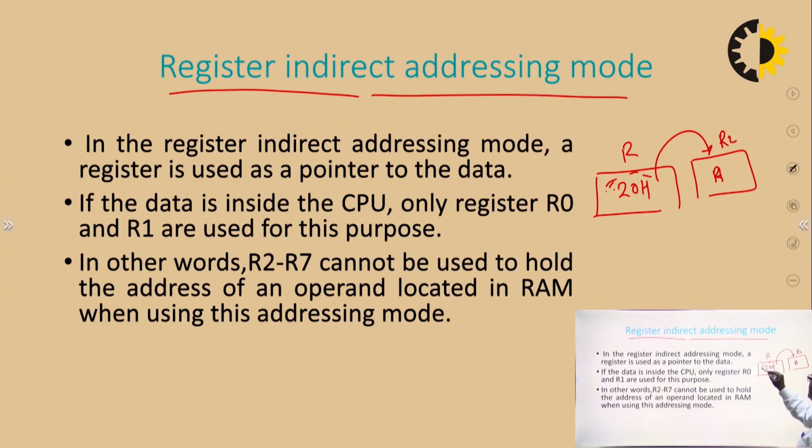It means the data operand is not directly transferred into a register. It uses some address. Then using this address, data is transferred.